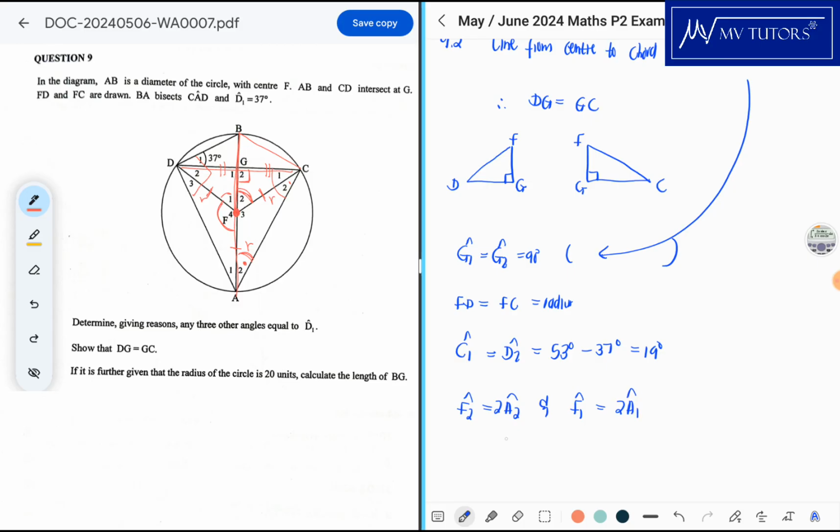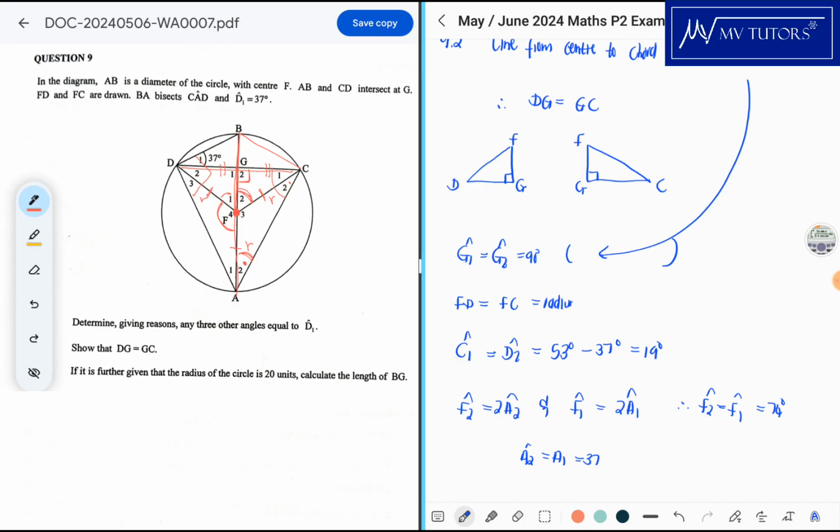And we know that A2 is equal to A1, which is 37. If you multiply that by 2, that's 74. So basically F2 is equal to F1, which is equal to 74 degrees.